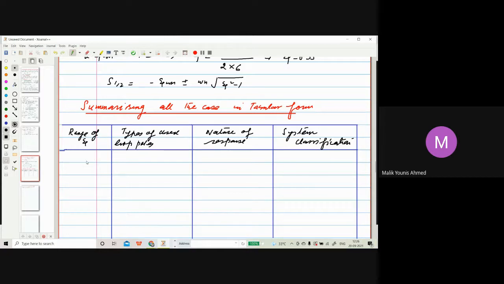Okay, so number one is when xi is equal to 0. Xi is equal to 0, we have just now seen the type of closed loop poles will be purely imaginary. Then there will be oscillations with constant frequency and amplitude, that means oscillations with natural frequency.